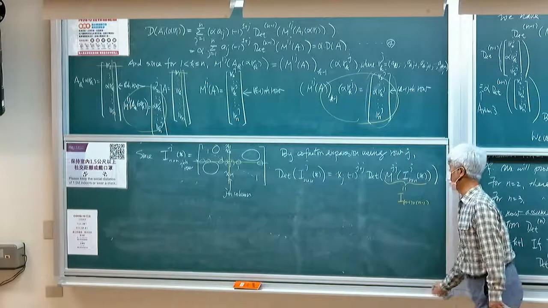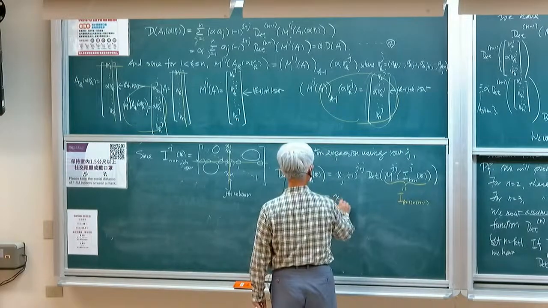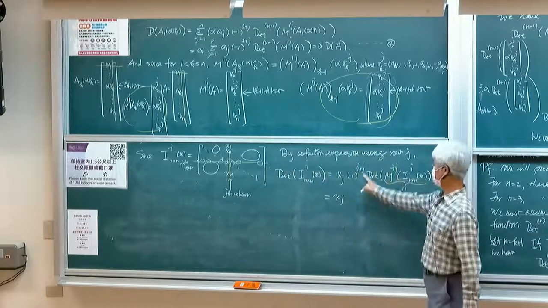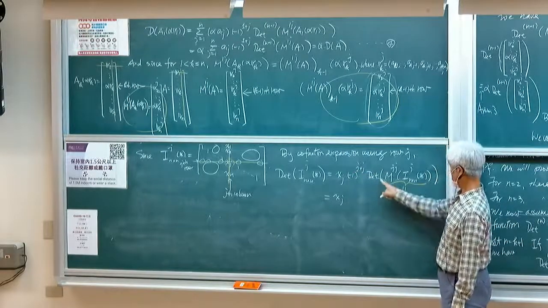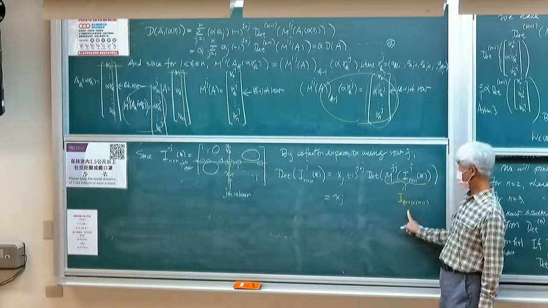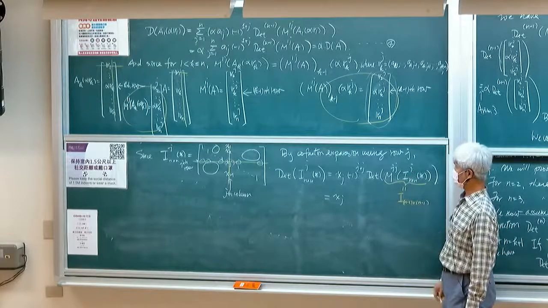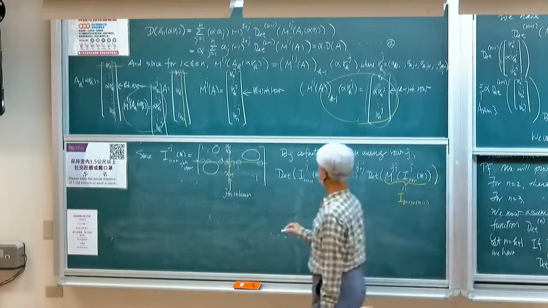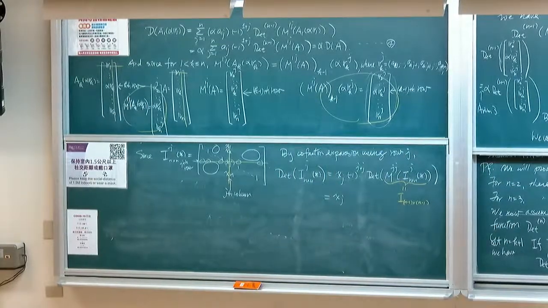Because (-1) to the 2j is 1, and the determinant of the identity matrix is 1 by axiom number 1, this determinant is xj.